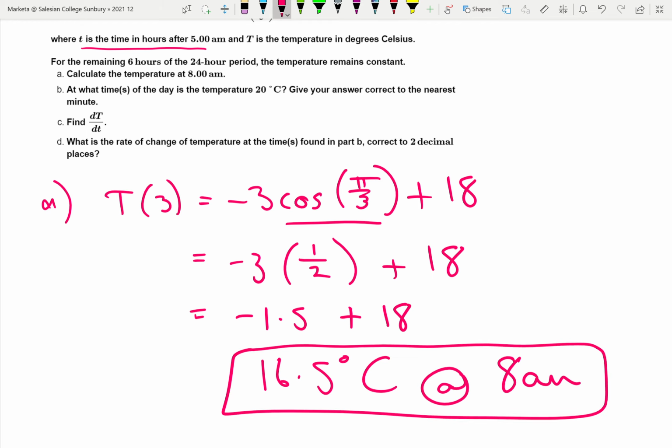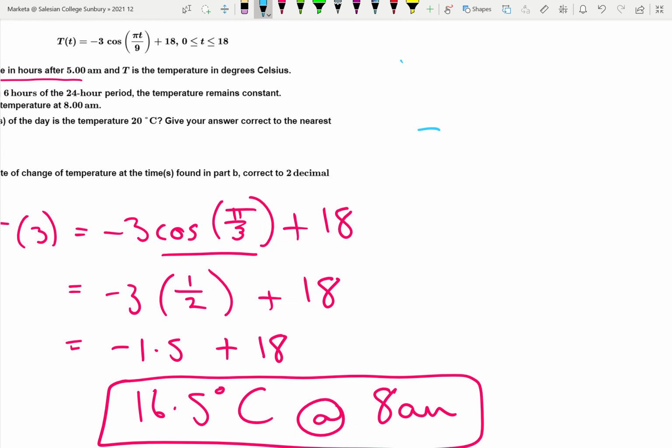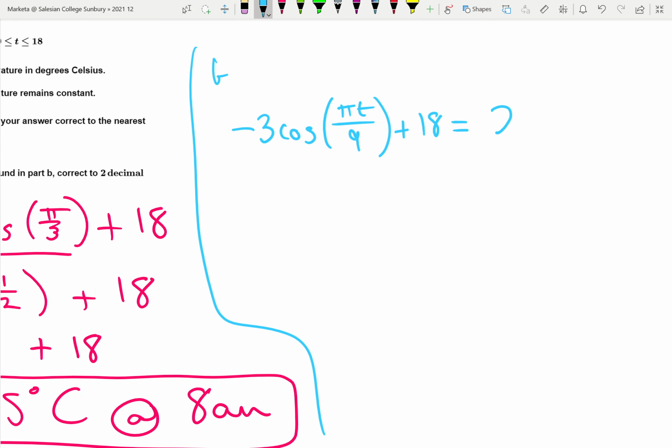At what times of the day is the temperature 20 degrees? Okay, so we're just equating to 20, so let's do that. So neg 3 cos pi t on 9 plus 18 equals, was it 20 degrees? So we're going to get cos pi t on 9, 20 minus 18 is negative 2, so negative 2 on 3.